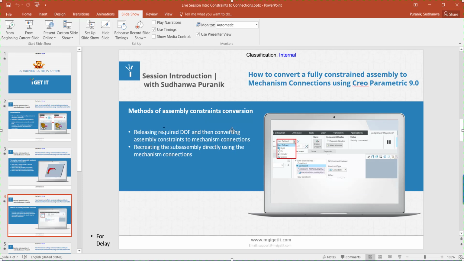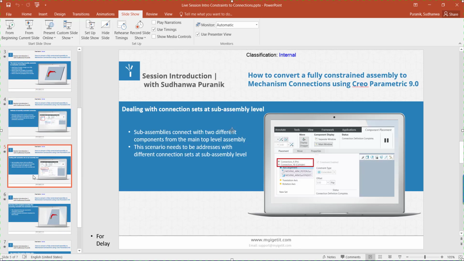Then further we have seen both the approaches. In the case of rotary attachment, I tried to release the required degree of freedom of rotation, and then I tried to convert the assembly constraint to the pin connection. And in case of moving arm hydraulics subassembly, I tried to recreate the subassembly directly by using the slider connection.